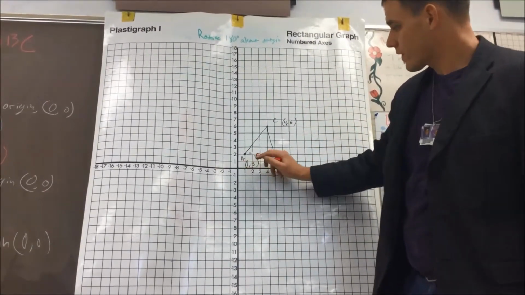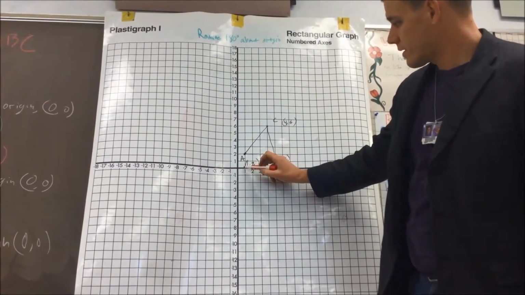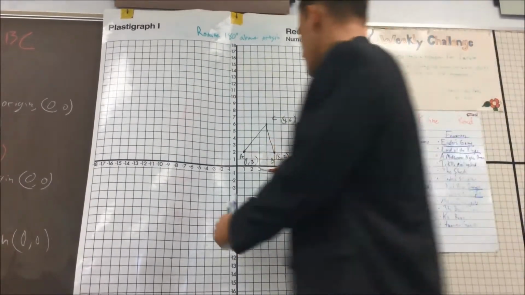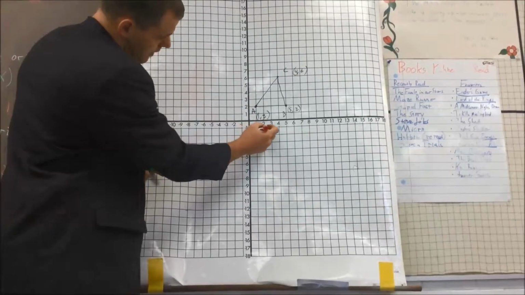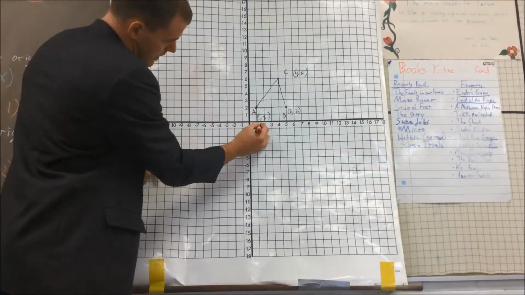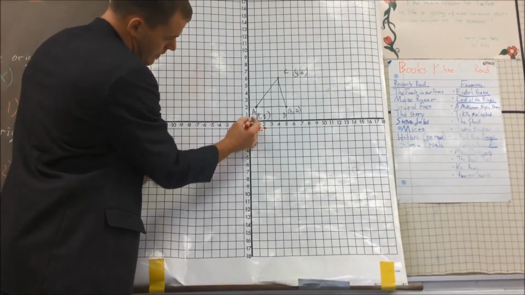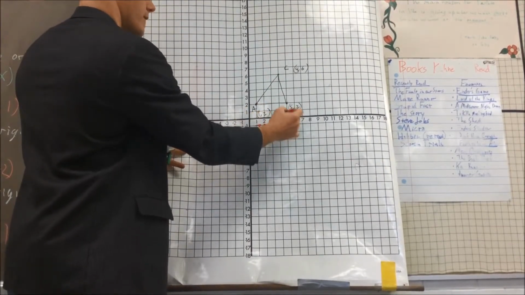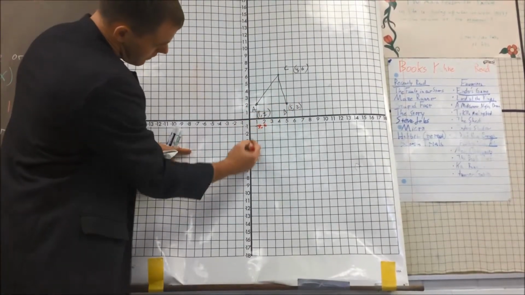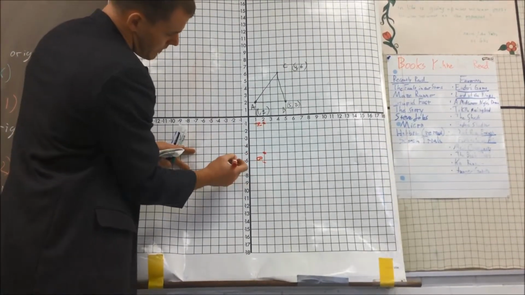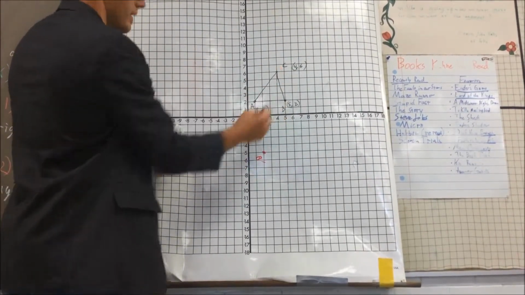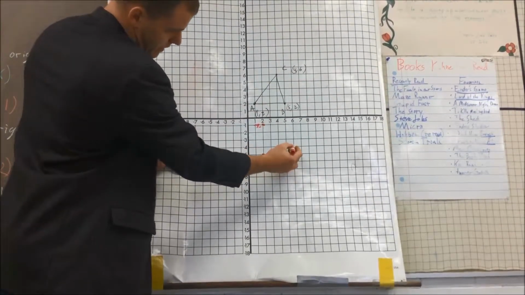So, over 1, up 2, so I'm going to turn my head, then I'm going to go over 1, up 2. That's A prime. This is over 5, up 2, so I turn my head sideways, over 5, up 2. B prime. This is over 4, up 6, over 4, up 6.